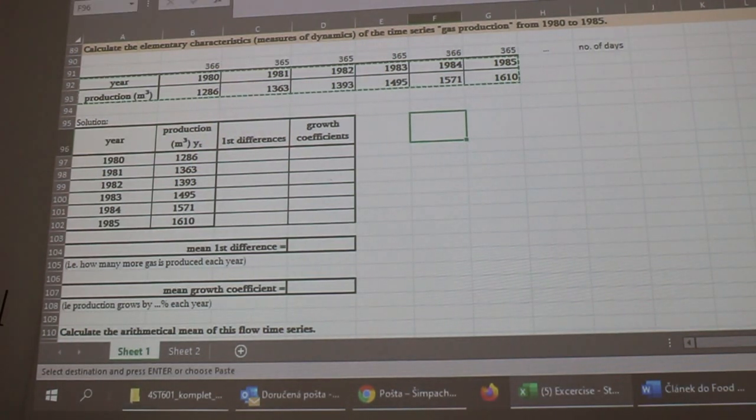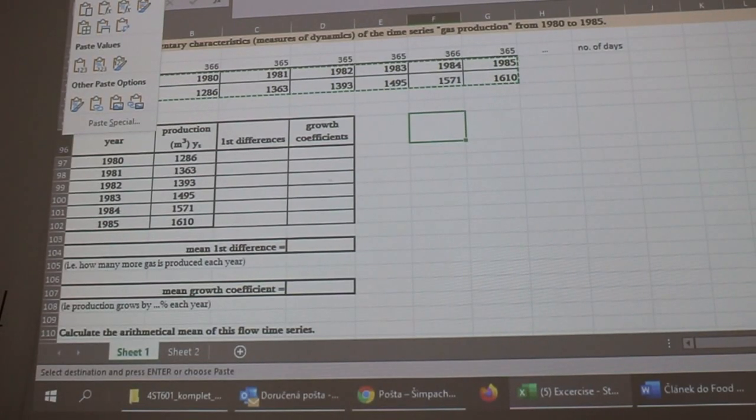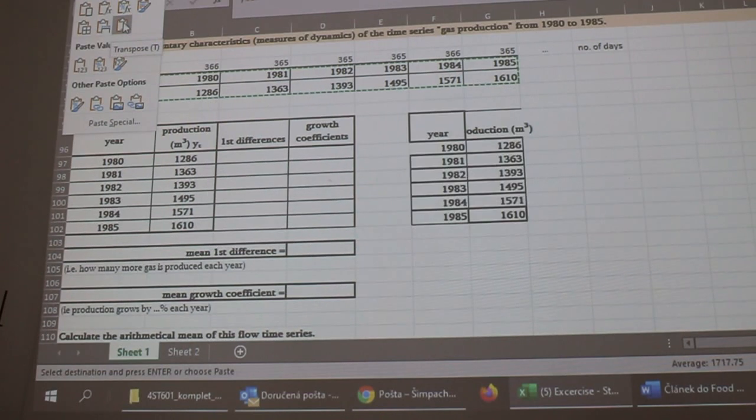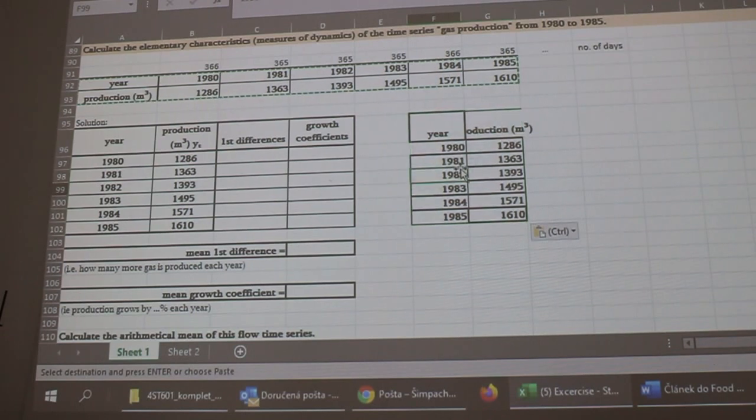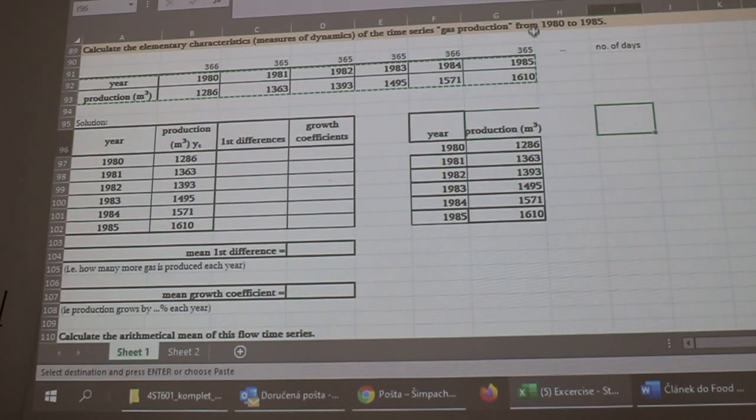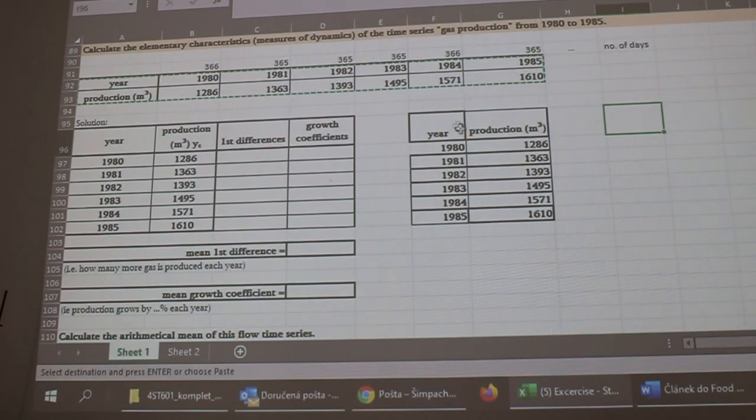Yes, on the home leaf you have paste button with this arrow, and there is a lot of options how to paste it, and we will find transpose. This one, yes, transpose. Okay, and now you have here transposed the data set, yes, two columns, year and production in cubic meters. Yes, you can see it's not difficult.